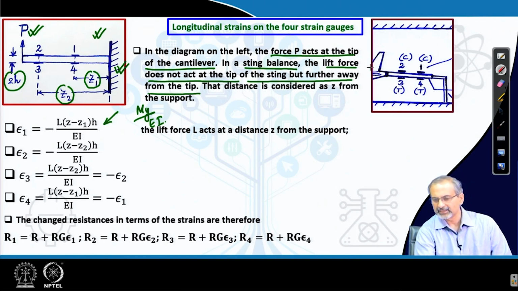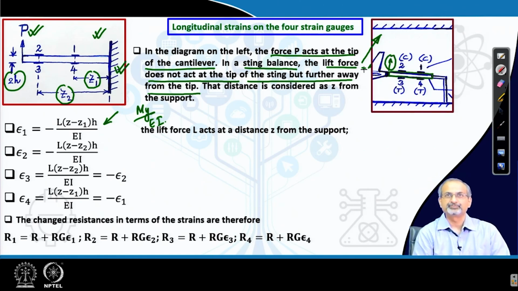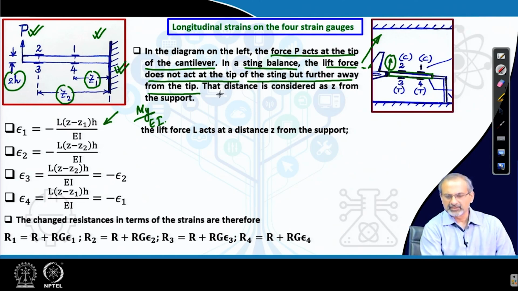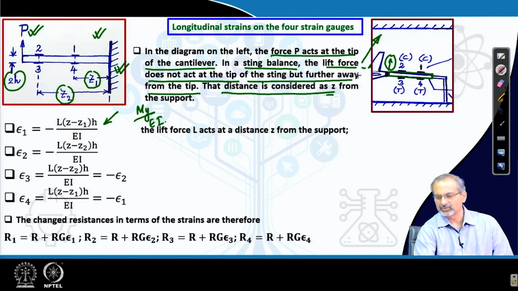You can figure out here in this diagram partly that the lift force may be acting at a distance here, and that is not exactly the tip of this sting balance, because this is the extent of the sting balance, and certainly the applied force does not act here. So, we will consider that that distance is z from the support. So, if this is the location at which the force is acting, then this is the z distance that we are talking about.